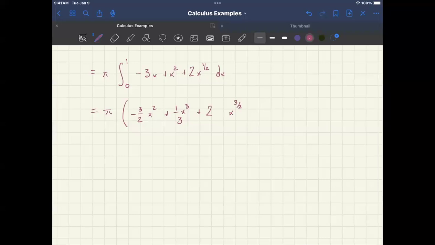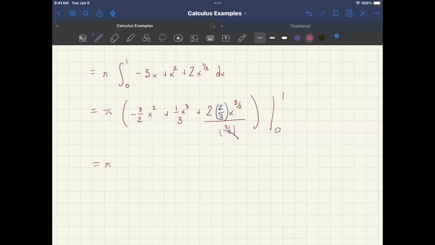We can divide by our new fraction, dividing by 3/2, or we can just multiply by the reciprocal. So I'm going to write it as multiplying by 2/3 instead, because that is going to make it so much easier to work with. And we are evaluating from 0 to 1.